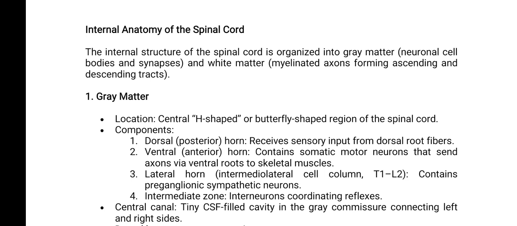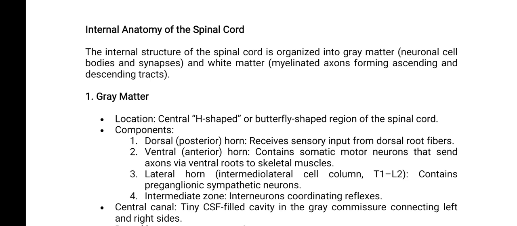One of the components of this gray matter is the dorsal or posterior horn, and the function of that dorsal horn is to receive sensory input from the dorsal root fibers. We have the ventral or anterior horn, and this horn contains somatic motor neurons that send axons through the ventral root to the skeletal muscles found in the body.